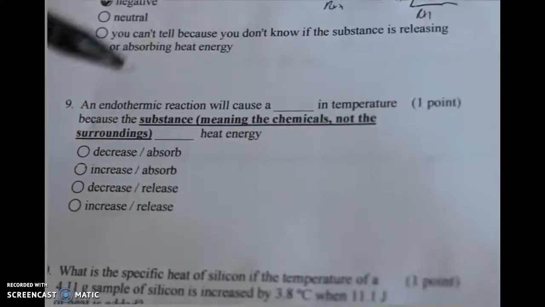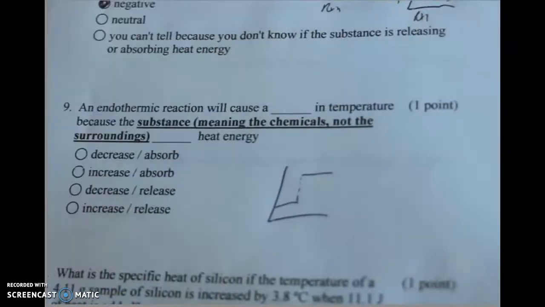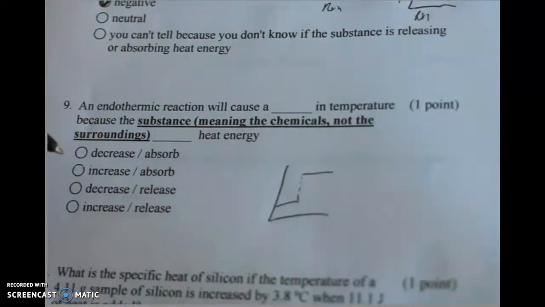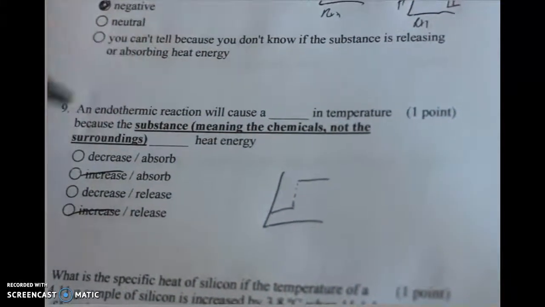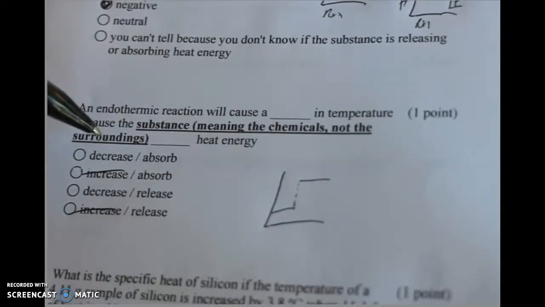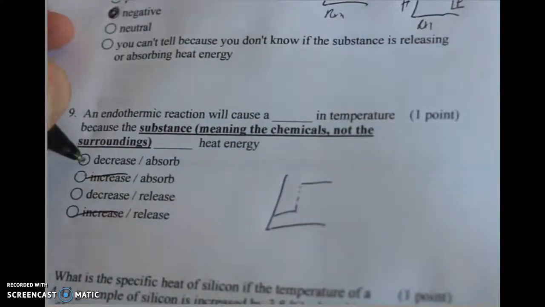So an endothermic reaction, remember this is one that would then look like this, will cause a decrease in temperature, so it's not that or that, because the substance, meaning the chemicals, absorb heat energy. You see how they're going up? So what you should end up getting is this.